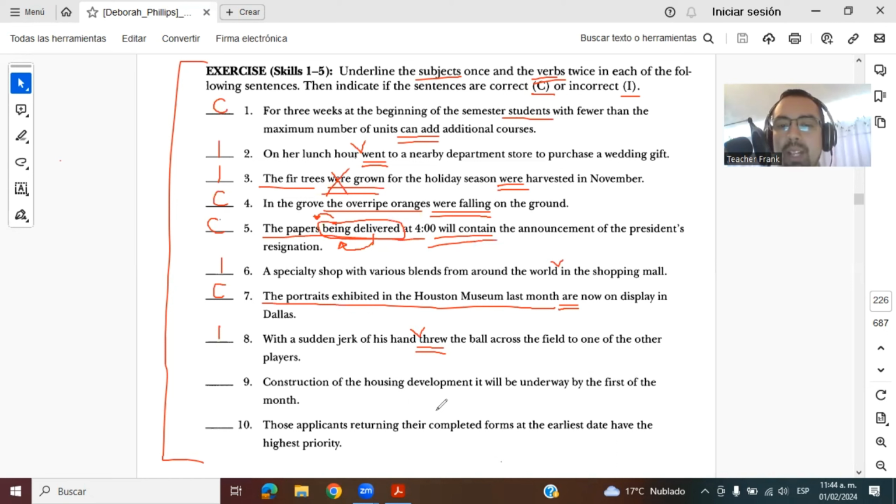Construction of the housing development. It will be underway by the 1st of the month. So will be is my verb. Who or what will be underway? Well, it or construction of the housing development, right? So the problem here is we have two subjects, right? And look at this.